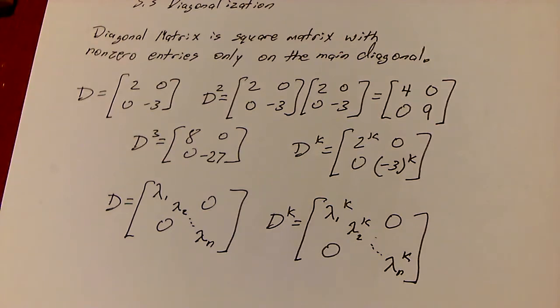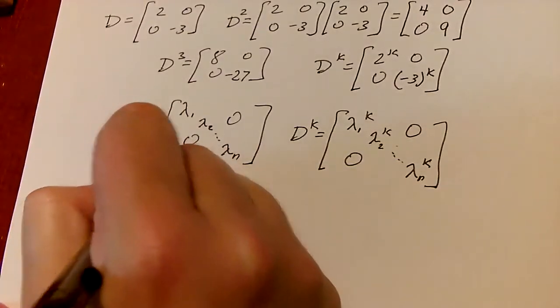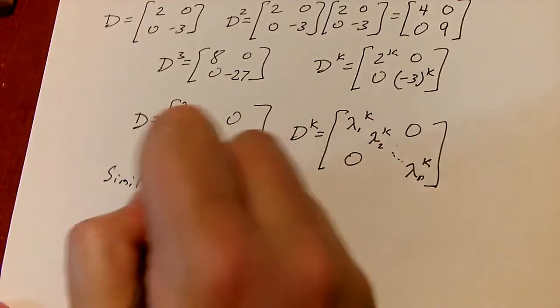Now, last time we talked about similar matrices. We touched on it just a little bit. And the reason we touched on it a little bit in 5.2 is to talk about it more in depth here in 5.3.